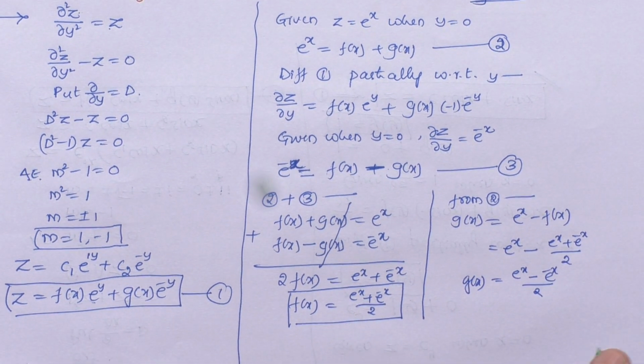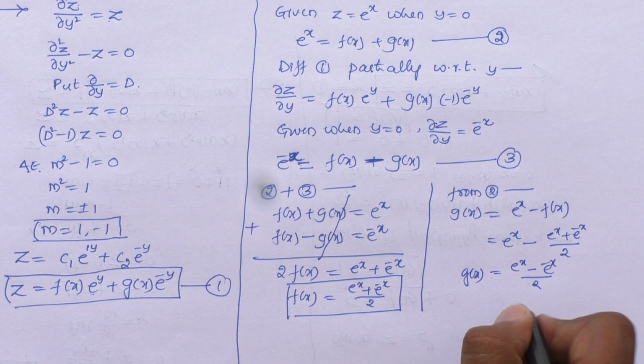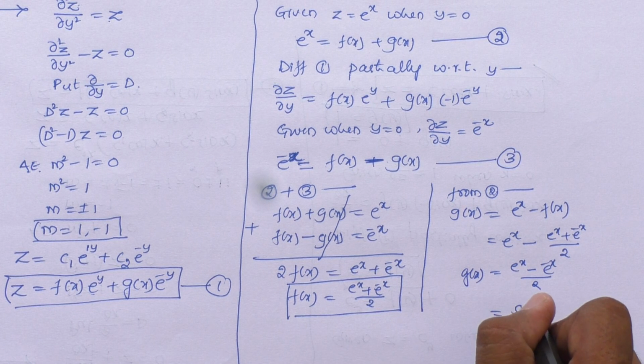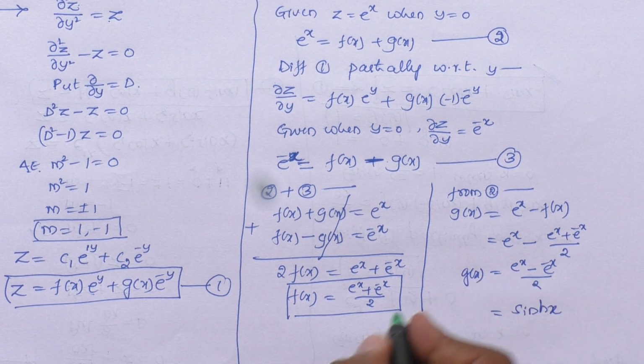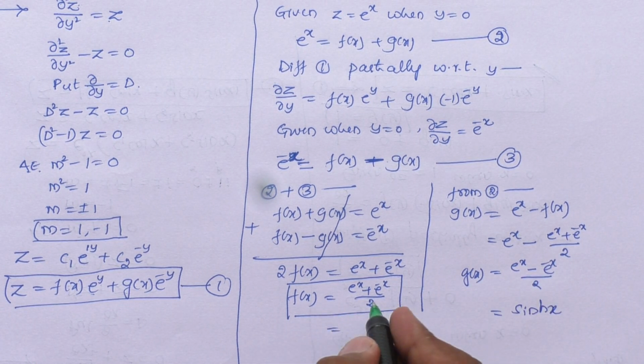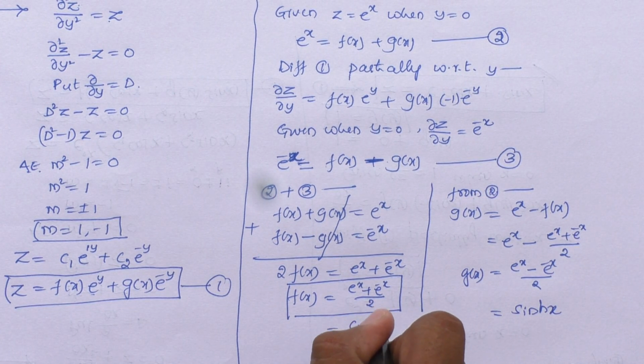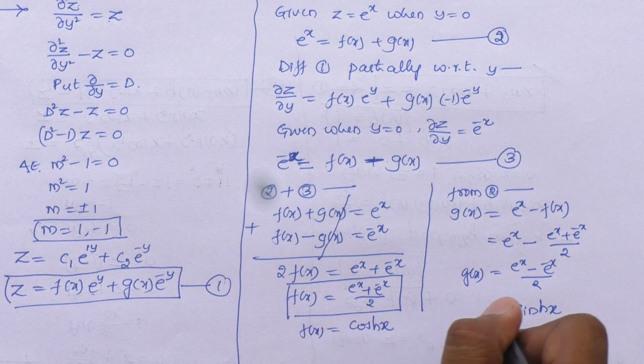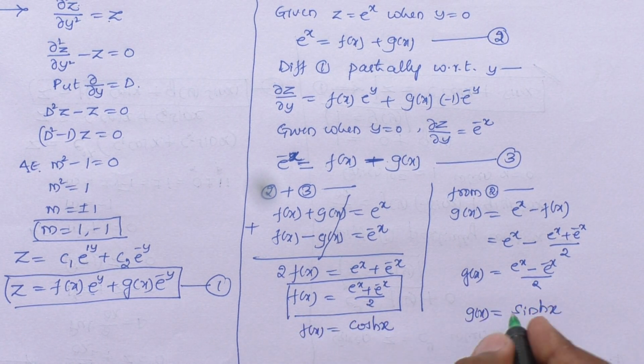Now we know e raised to x minus e raised to minus x by 2 is sine hyperbolic x. In the same way, f of x is e raised to x plus e raised to minus x by 2, that is cos hyperbolic x. So f of x is cos hyperbolic x and g of x is sine hyperbolic x. Once you get both, you substitute in equation number 1.